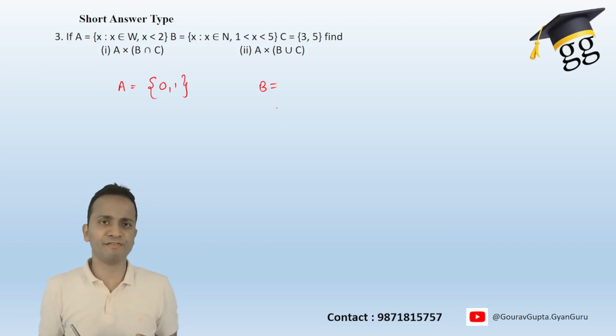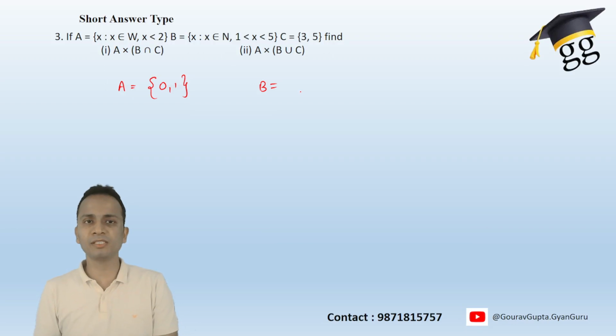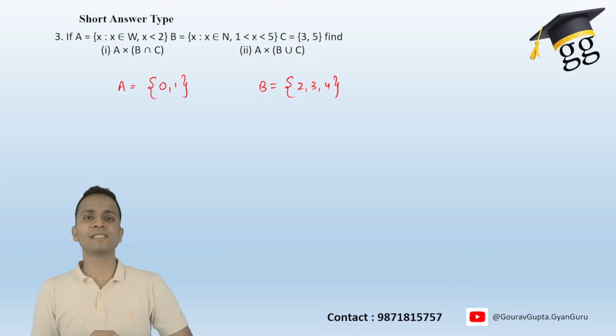Strictly between 1 and 5, the natural numbers are 2, 3 and 4. You don't have to consider 1 and 5 because of these strict signs: X is greater than 1 and X is less than 5.